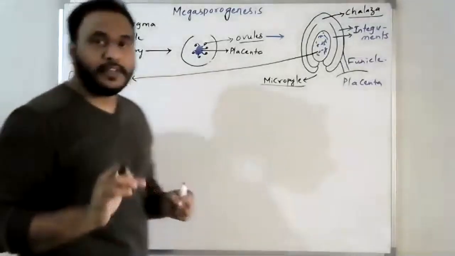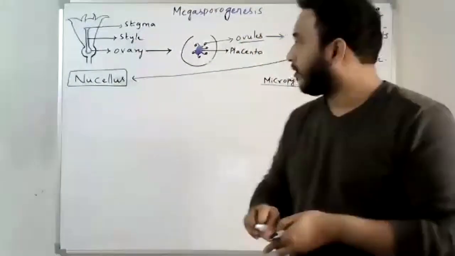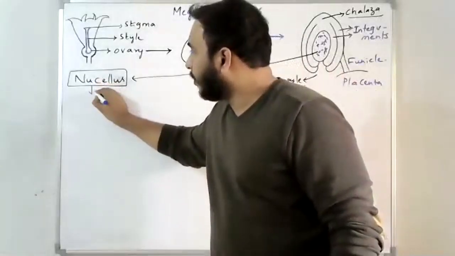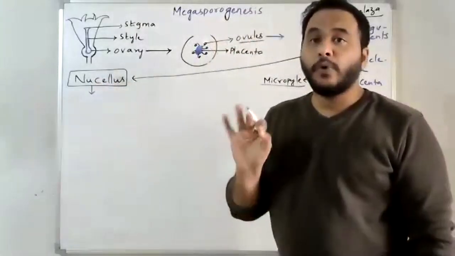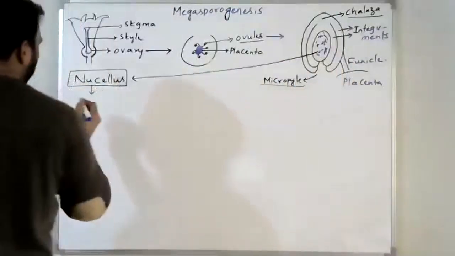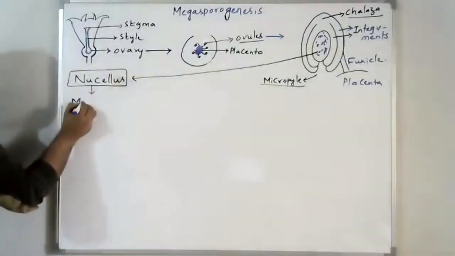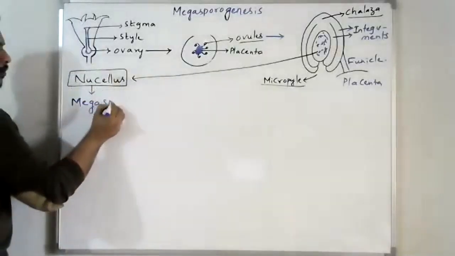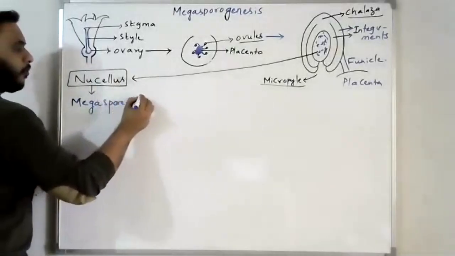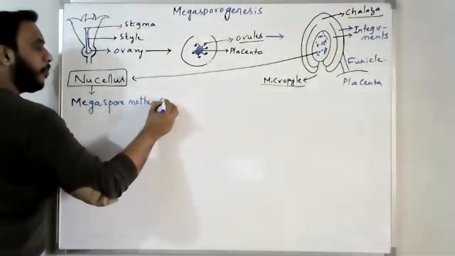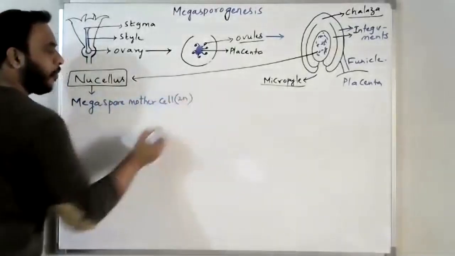Some of the cells of this nucellus will differentiate to form the megaspore mother cell, which is diploid.